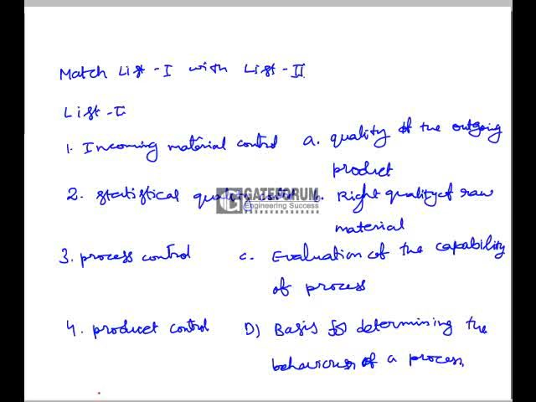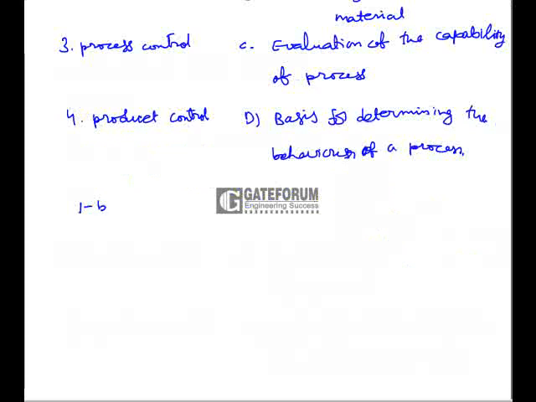Here incoming material control, the function of this control is right quality of raw material, so that 1 matches B. Statistical quality control takes care of the basis for determining the behavior of a process, so that matches with D. Process control, the function of process control is evaluation of the capability of process, so 3 matches with C. And product control takes care of quality of the outgoing product, so 4A.